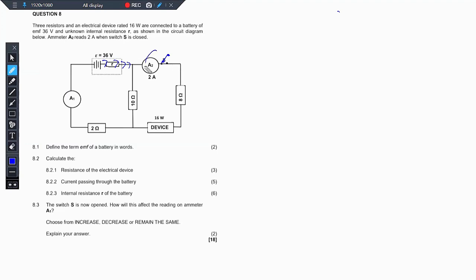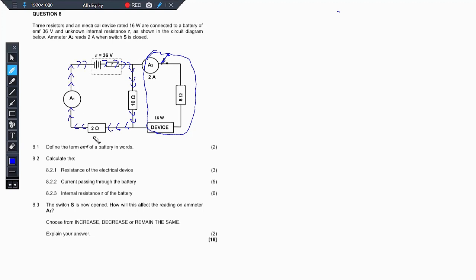That means this part here is effectively cut off from the circuit because it will not be receiving any current. So your current can only flow in this direction here. But what do we see now? Only one pathway for current to flow, which means that it is now connected in series.